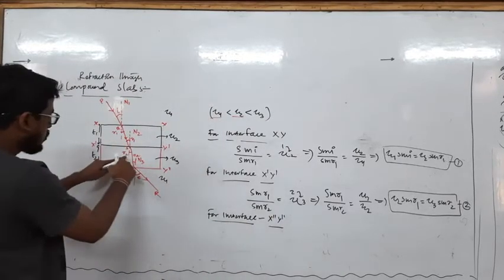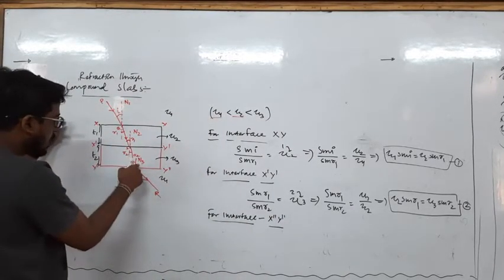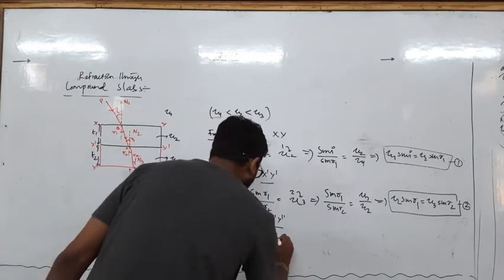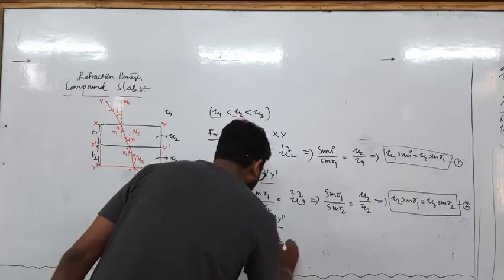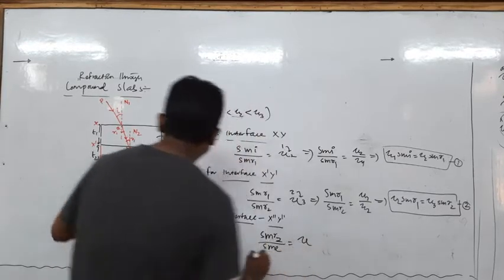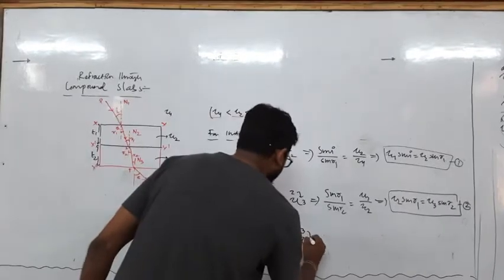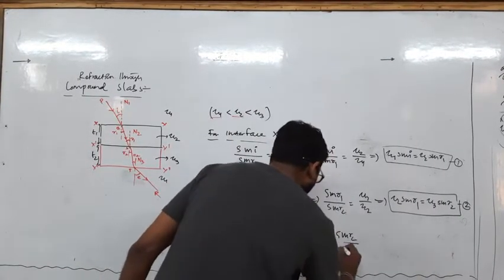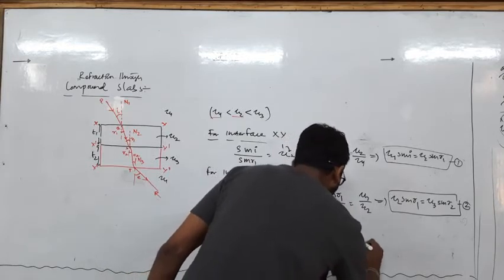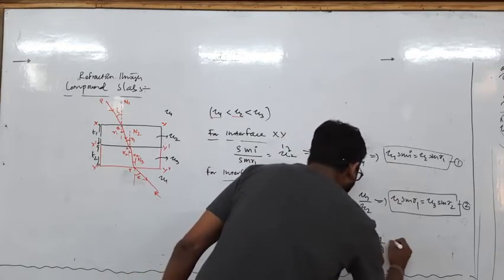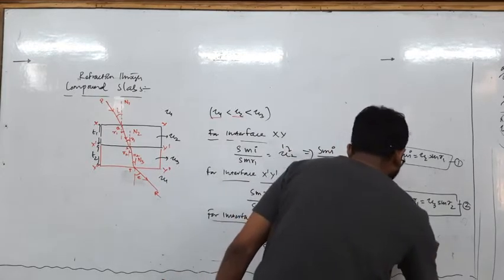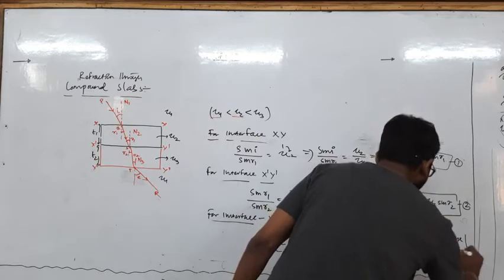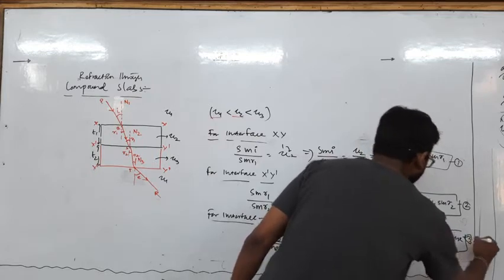Here the angle of incidence will be the refracted angle R2, and the emergent angle will be E. So I can write sin R2 divided by sin E equals, as light travels from mu3 to 1, mu1 by mu3, and cross multiplying this we get mu3 sin R2 equals mu1 sin E. Let it be equation 3.